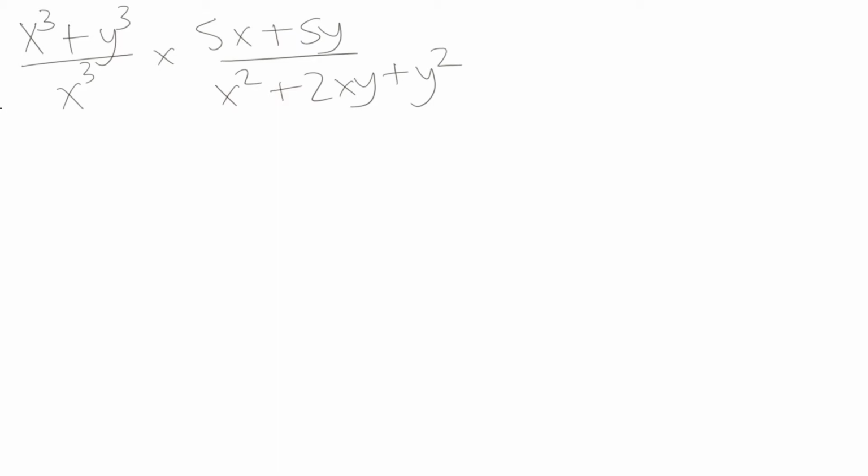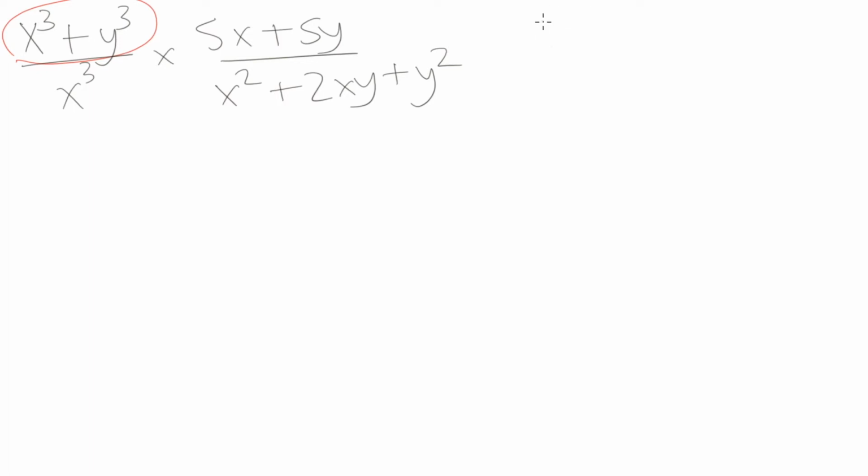So let's try and go through this step by step and factor each of these different parts of this expression. So let's start with this part up here. Well, we can see that this is a sum of cubes. We have two perfect cubes and we're adding them together. So immediately we can write down the factored version of this as our sum of cubes.